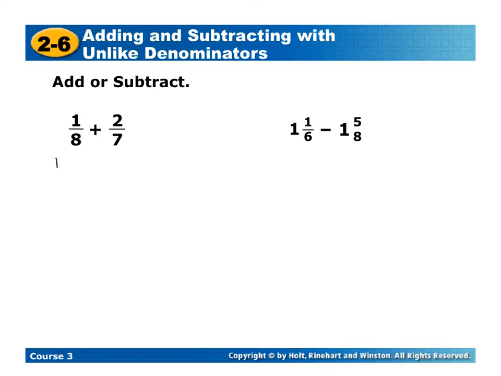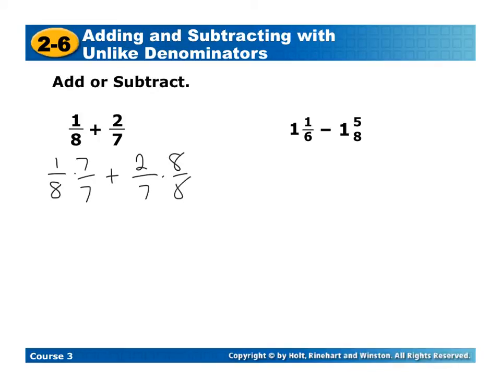In this case, the only thing I can multiply each number by is the other number to create a common denominator. So I'm going to take 1/8 and multiply it by 7/7, and take 2/7 and multiply it by 8/8.